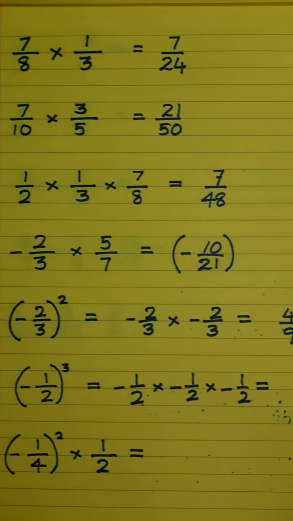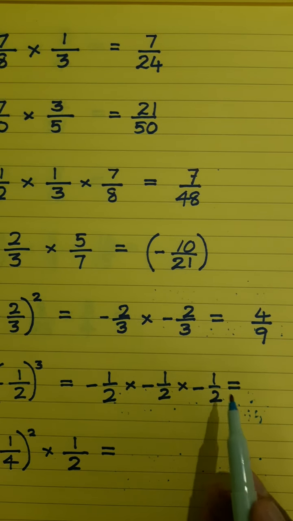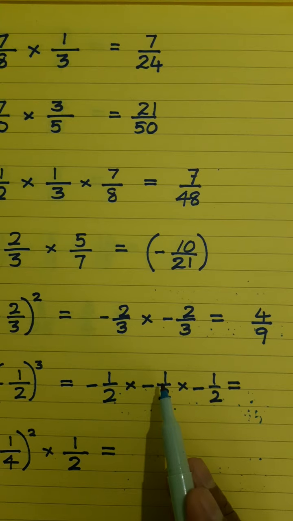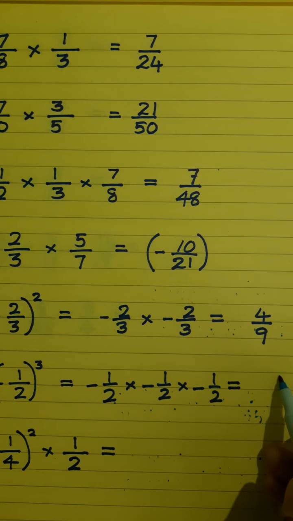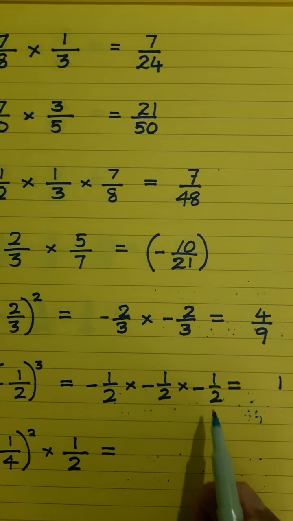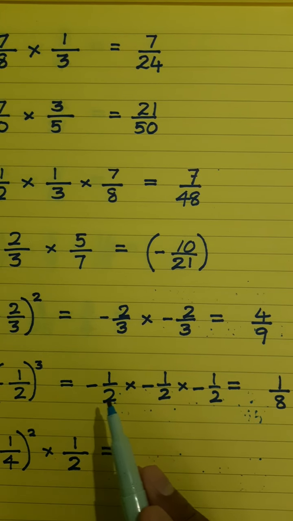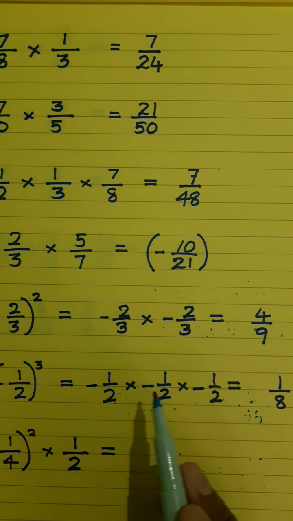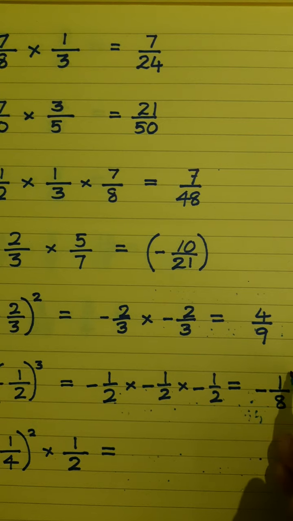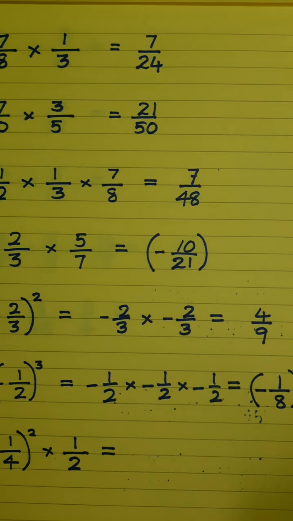By using the same method, we multiply all the numerators together. 1 into 1 into 1 equals 1. 2 into 2, 4. 4 into 2, 8. 1 over 8. Now you should decide the sign. Minus into minus, plus, plus into minus, minus. So the answer is minus 1 over 8.